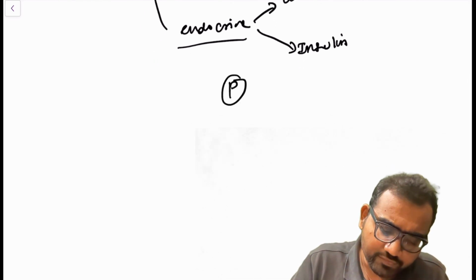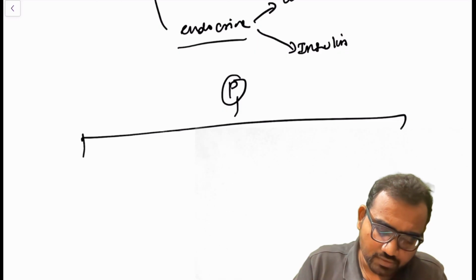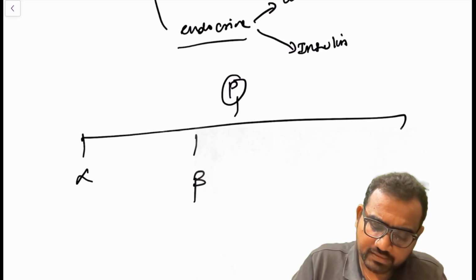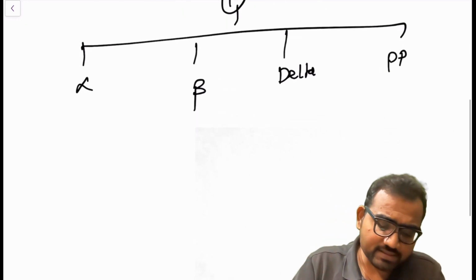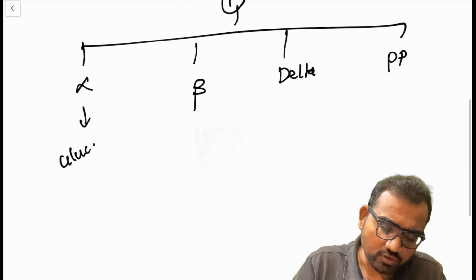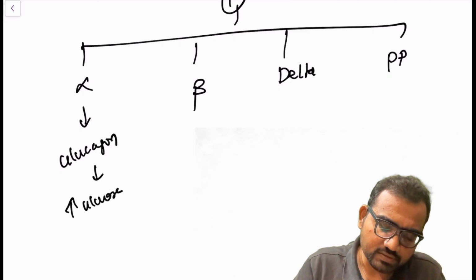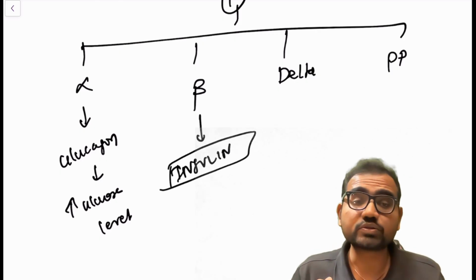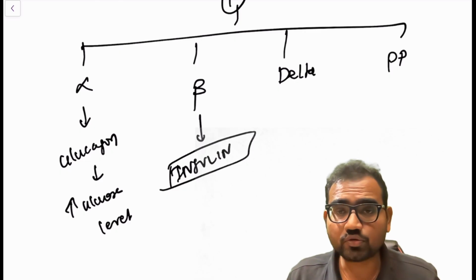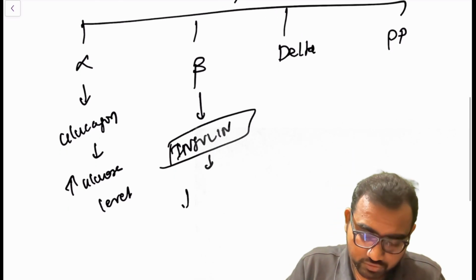So the pancreas, if you see, has four different types of cells: alpha, beta, delta cells and PP. The alpha cells secrete glucagon. They increase the glucose levels. And beta cells secrete insulin, which is a very important hormone pertaining to this topic, because insulin is a hormone that reduces the blood glucose.